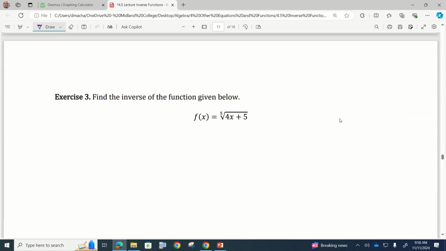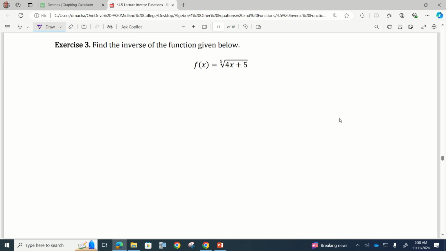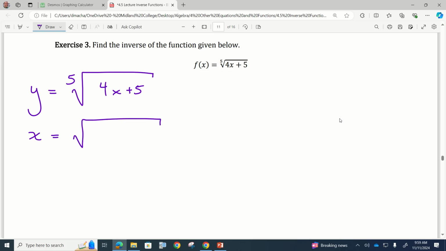Okay, I think there's one more. And here we have the function y equals the 5th root of (4x plus 5). The y becomes an x, and the x becomes a y. And now I want to solve for y. I raise both sides to the power 5.